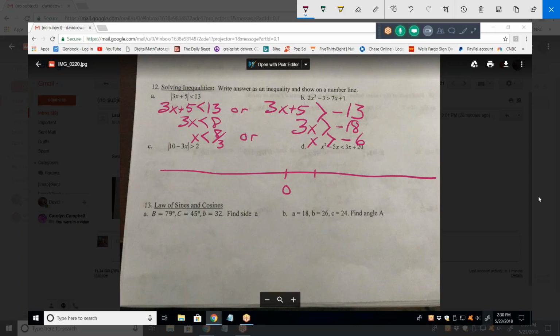I'm going to call that 8/3. I'm going to call that -6. And either it's less than 8/3 or it's greater than -6. So it should be that area on the number line.